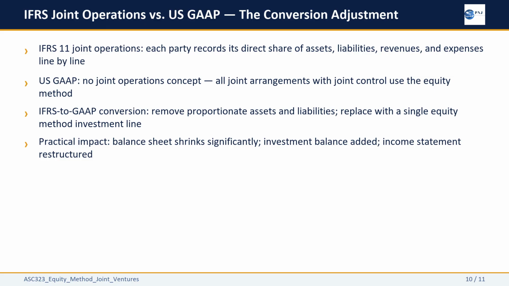You remove those individual asset and liability lines and replace the entire structure with a single equity method investment line item. The balance sheet gets smaller. The income statement is restructured to show equity in earnings instead of line-by-line revenues and expenses. This is one of the more significant reconciling adjustments when working with IFRS reporters.